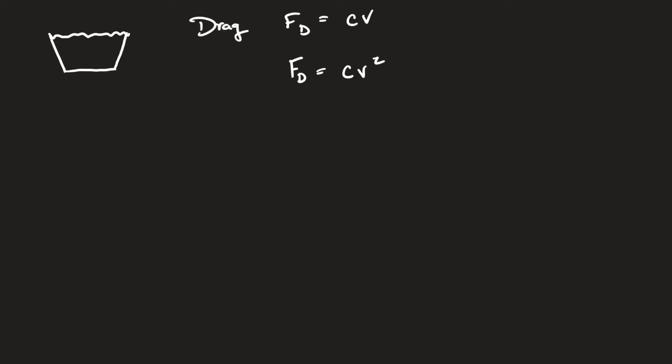We don't know which type we will have with the coffee filters. We don't know whether they go fast enough to create turbulent drag or whether they will stay in laminar drag, which is part of the problem with this lab: we have to do two separate analyses to see whether we can count on this as our form of drag or this as our form of drag.